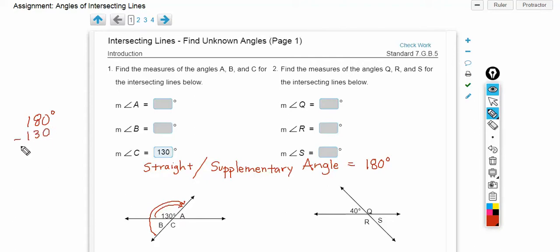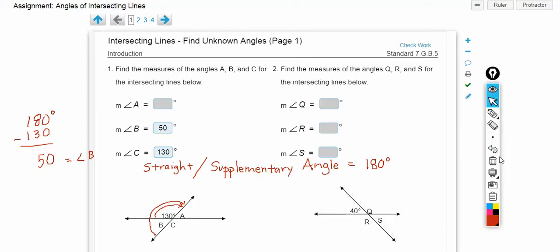So I'm going to subtract, and that's going to give me angle B. 180 minus 130 is 50. So I know that angle B is 50 degrees.